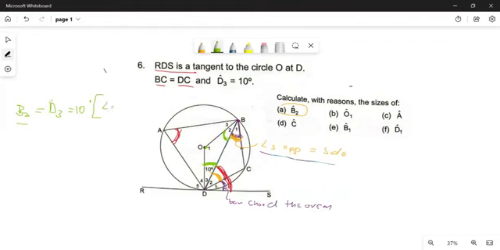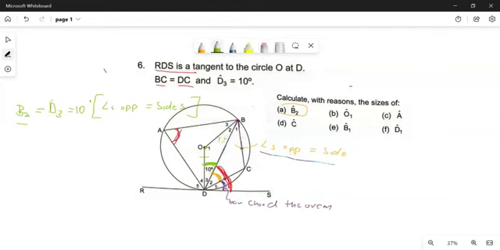So we have angles opposite equal sides. Now remember, this is a radius, this is also a radius, so these two are going to be equal. If they are equal, then we have angles opposite equal sides. Then those two are also going to be equal. So we'll come and put here 10. So if this one is 10, this one here is also going to be 10 degrees. We're still good, guys?